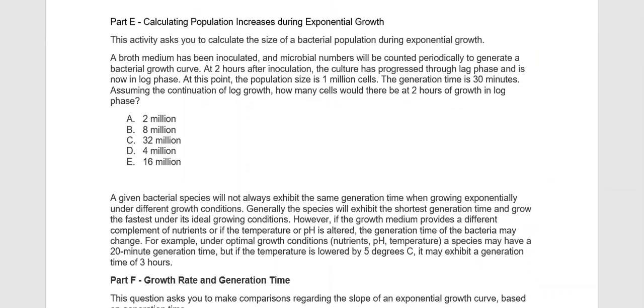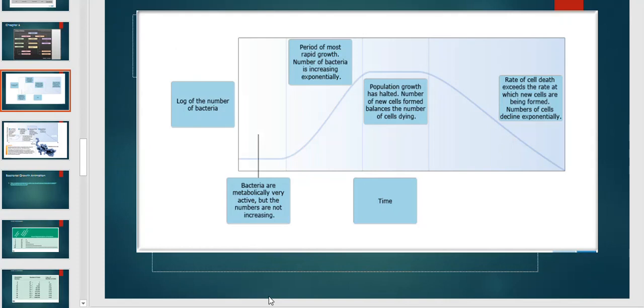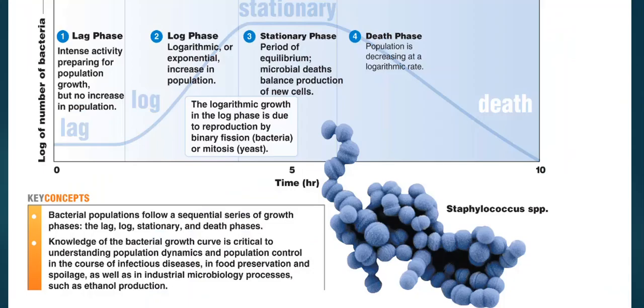So now on to part E, and this is a part in your textbook where we start to talk more about calculating microbial numbers or calculating generations. So we're going to go back over here and start talking about that a little bit.